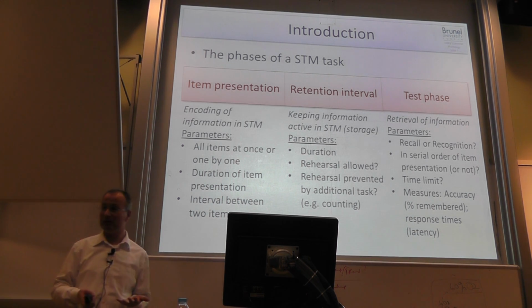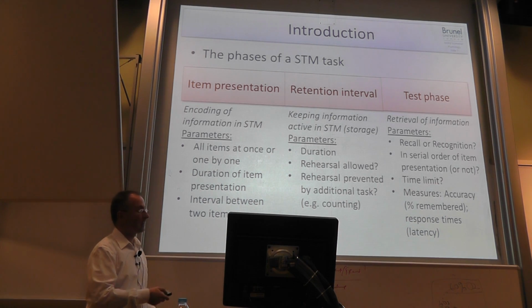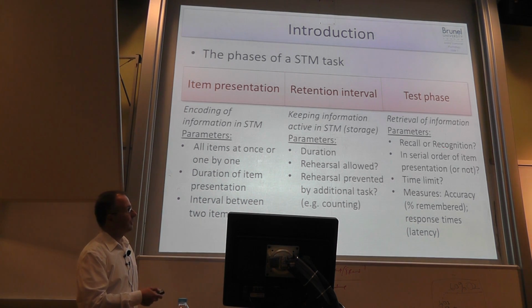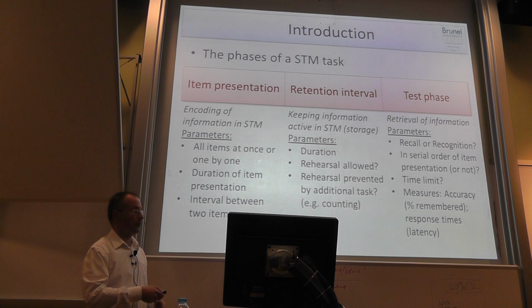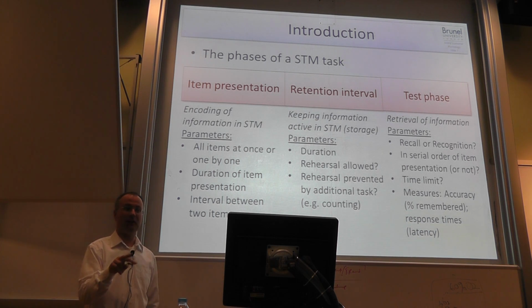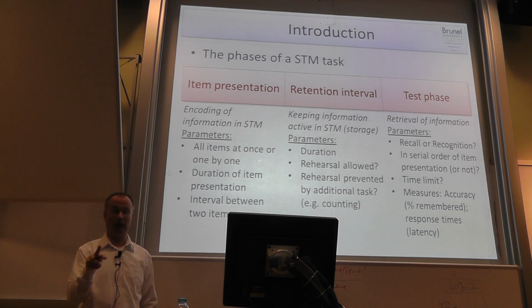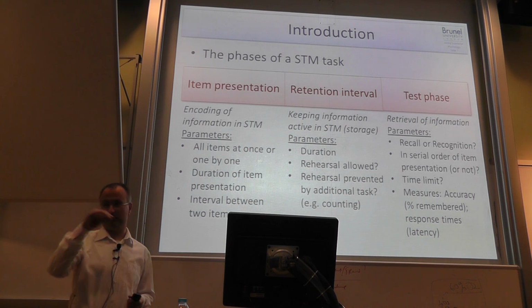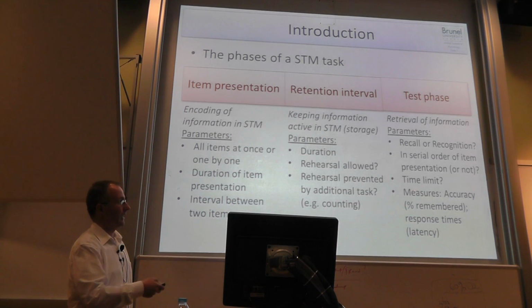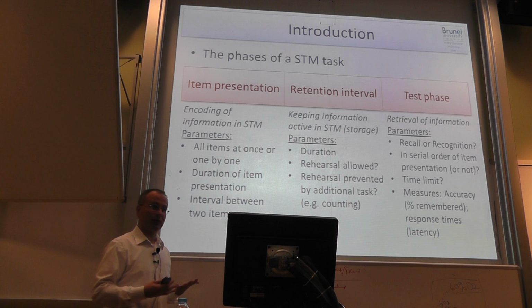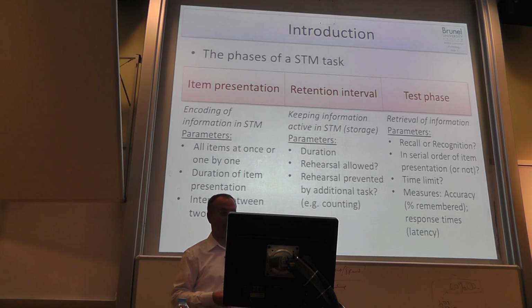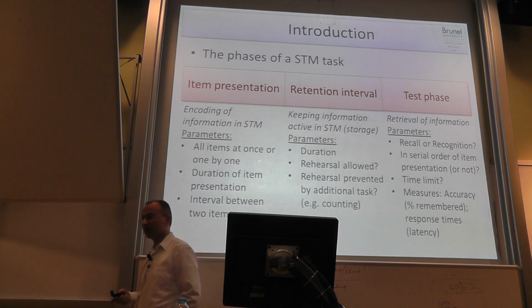Do they have a time limit to recall? And especially if you have recognition, you can measure response times. How quickly did they say, oh, I have seen this before or not? And if you just have them writing down, you usually look only at accuracy. How much percent correct do they have? How many items did they remember?